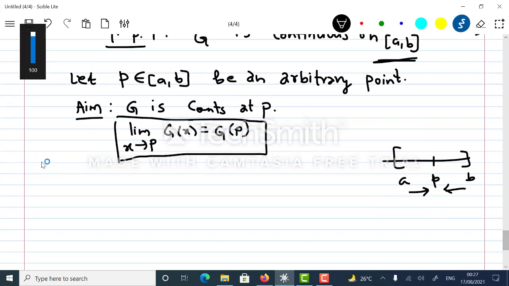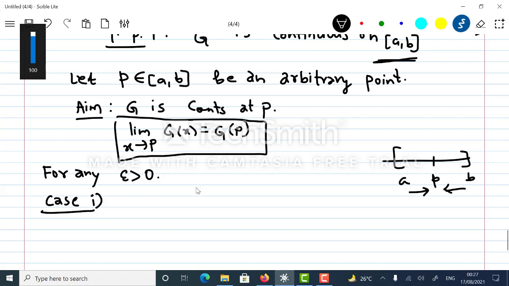So for any epsilon greater than 0, take case 1. If I'm approaching from the left side, that means x is less than p, so my x is like this.